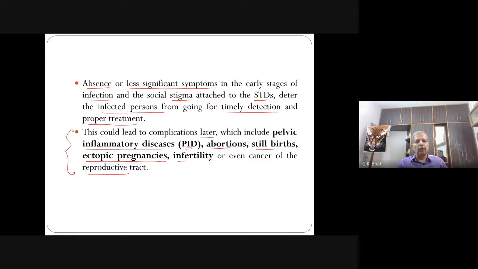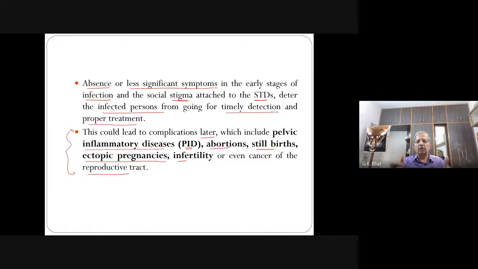Pelvic inflammatory diseases are diseases concerning the lower abdomen. Abortions, stillbirth, birth before the actual expected time. Premature birth is when the baby is born and may be alive.